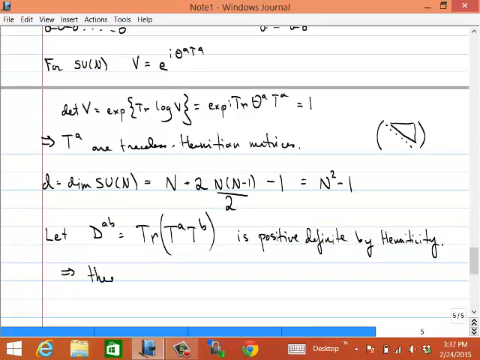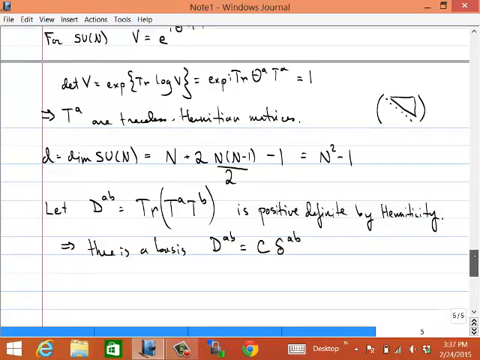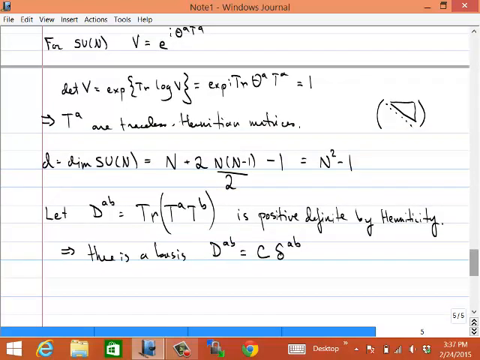So there is a basis where it is proportional to the identity. In particular, there's a basis where D is going to be diagonal, with positive real eigenvalues. And then you could just rescale all of the generators, rescale all of the T's to make D proportional to the identity matrix.